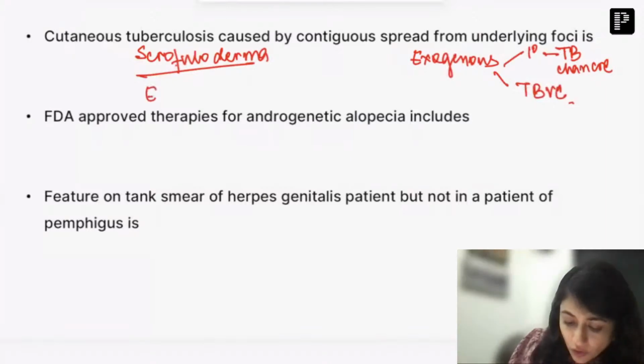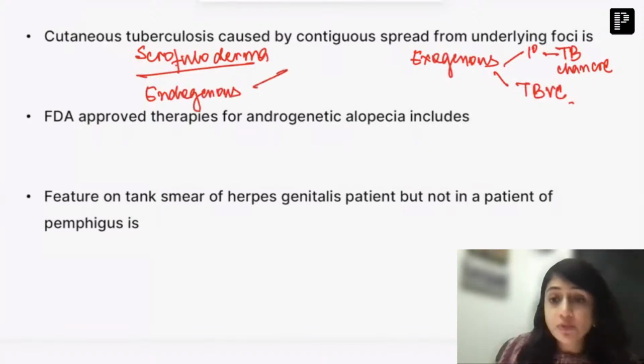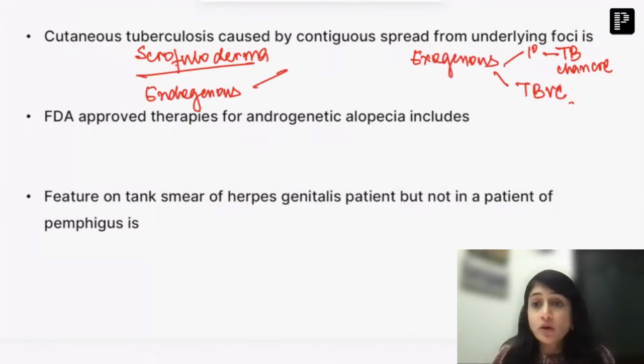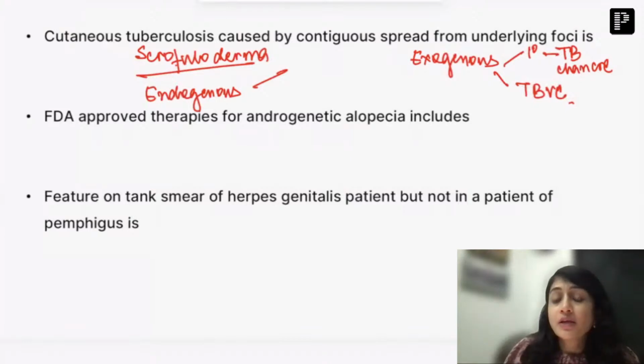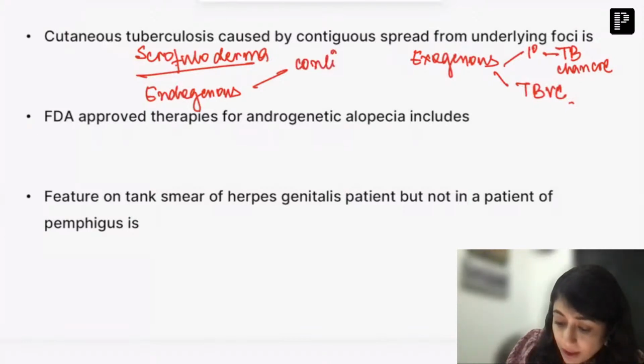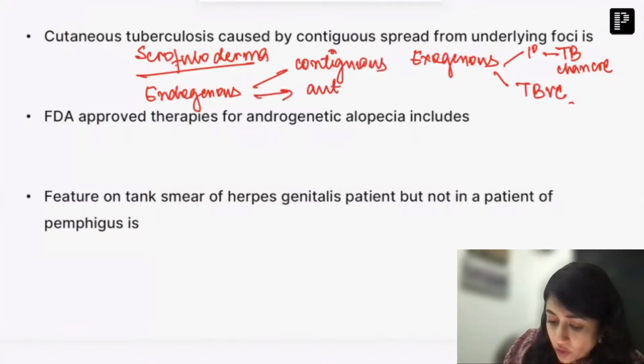Endogenous forms of cutaneous TB mean there is a source of infection. So TBVC, which you were saying, is not by an endogenous source. TBVC is a verrucous plaque that you see on exposed areas. Whereas if there is an endogenous source of TB, it may spread by contiguous route, when I call it scrofuloderma. It may spread by auto-inoculation, or it may spread by hematogenous route.